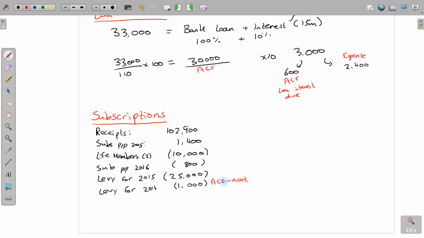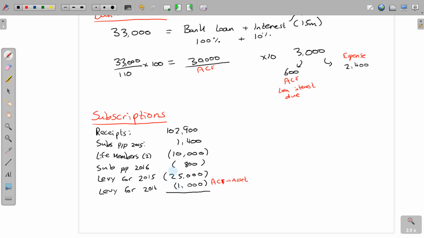It is a trick for the first time, but then they do it all the time. So once you've done 1 or 2 of these questions, you always see there's a levy for 2014. You must take it out of subscriptions from the receipts and add it to your accumulated fund as an asset. And you get 2 marks for that, and you get another mark or 2 for your subscription being closer to the correct figure, which you get a lot for.